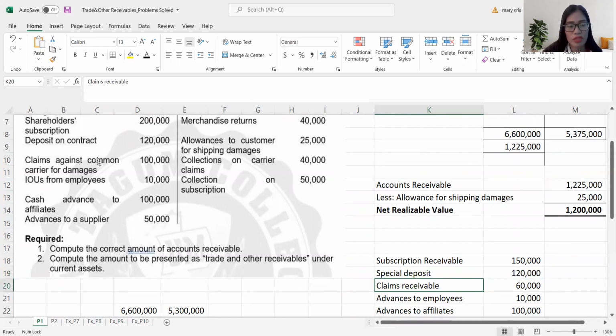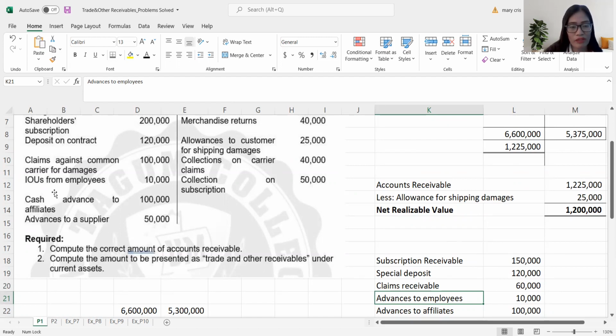Next is the claims receivable, our claims against the common carrier. Net already of the collection, we have 60,000 left. Another is advances to employees, the IOUs from employees of 10,000. We just debit advances to employees because that's the rightful account title to use.